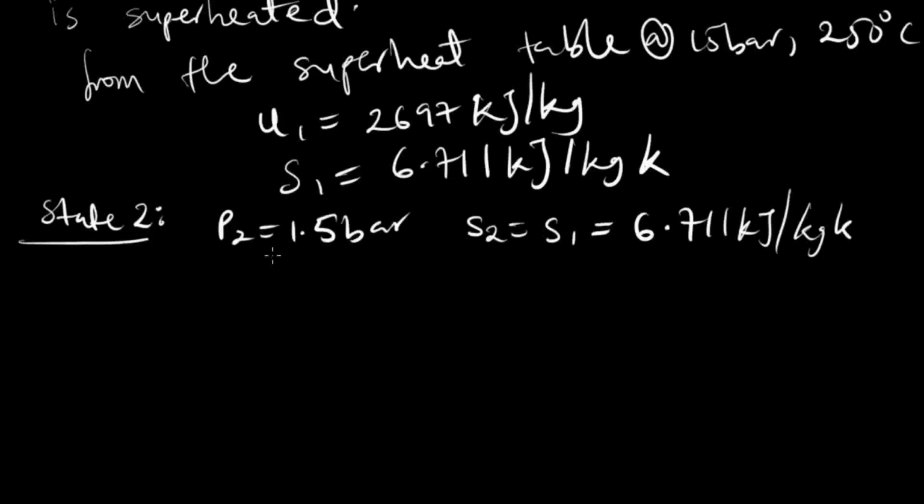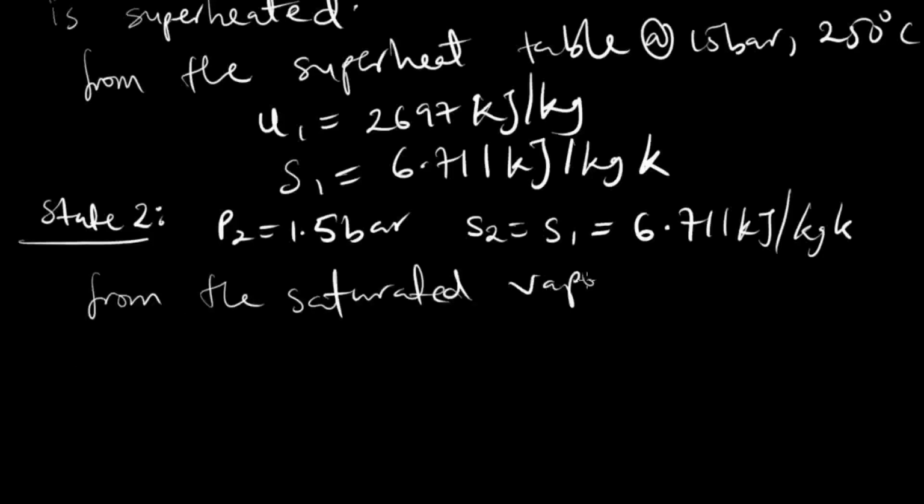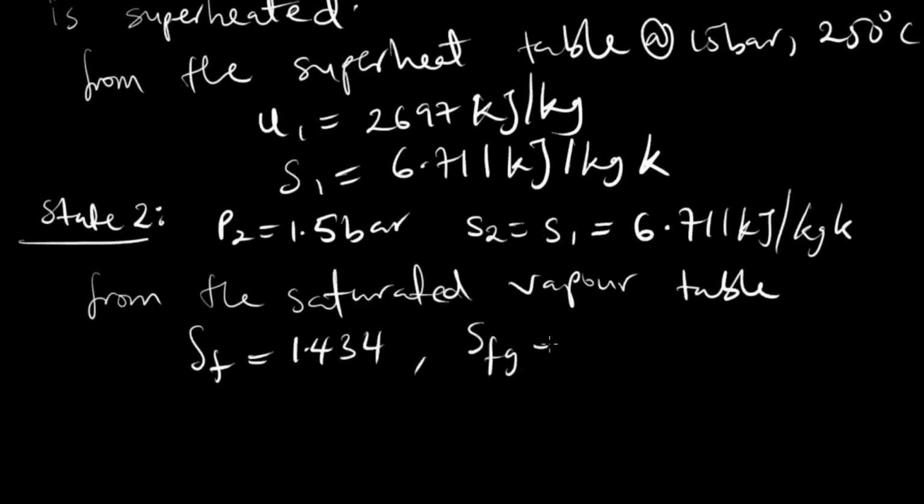From the saturated vapor table, under 1.5 bar, check for the SF. We have the SF under 1.5 bar to be 1.434. Then SFG will be 5.789, all in kilojoules per kilogram Kelvin.